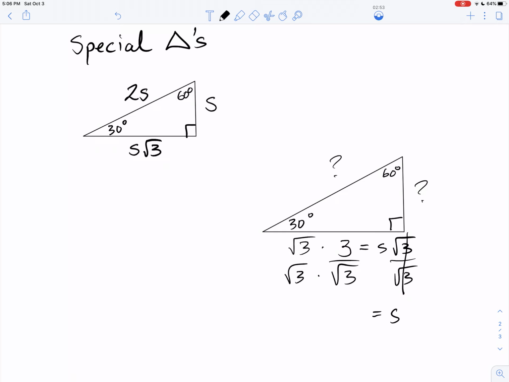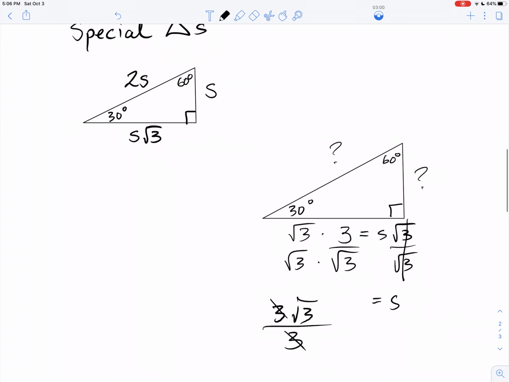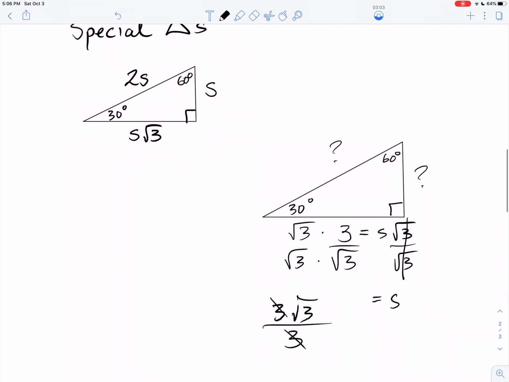And then what do I get? 3 rad 3 over 3. And I can reduce, because they're outside numbers, just like in the last lesson. So what's the missing piece over here? That's the part opposite the 30, so that answer would be rad 3.